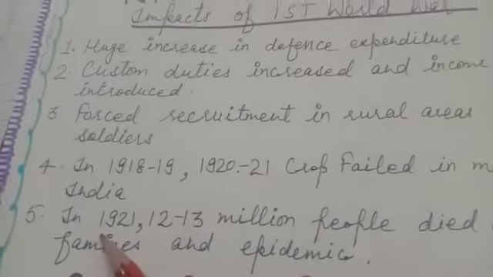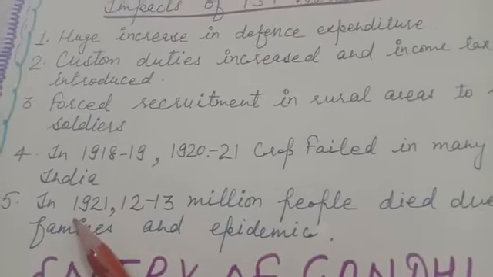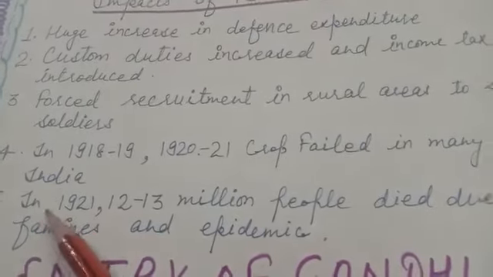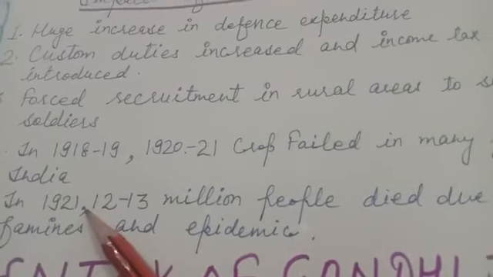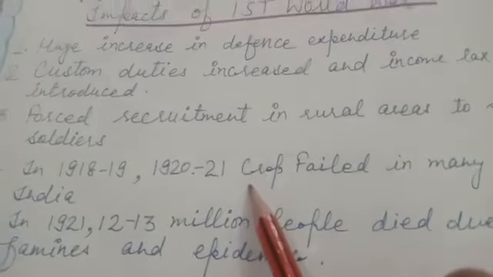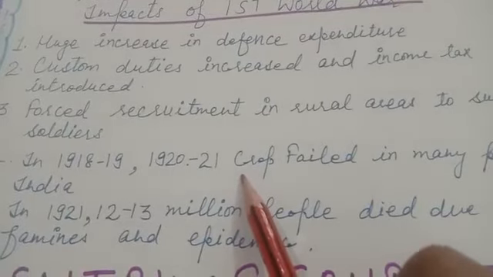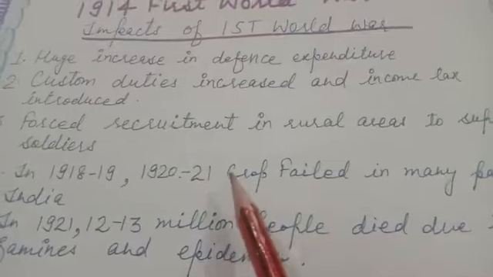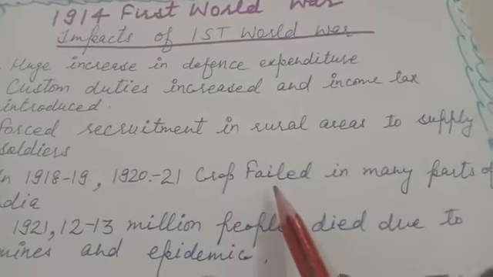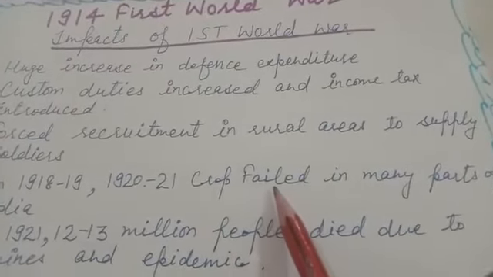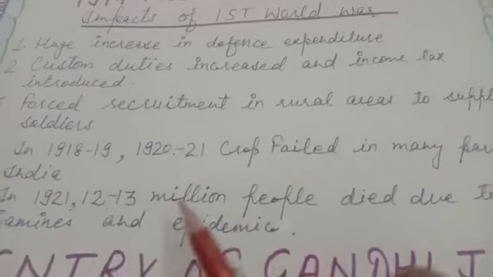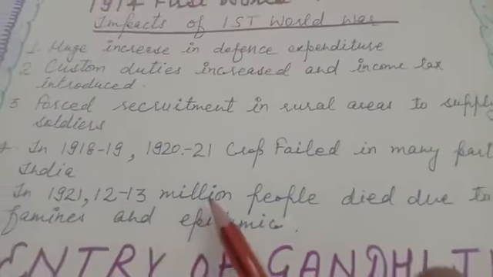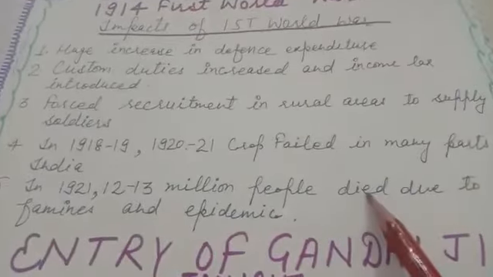Then the fifth impact we will discuss, what happened in 1921 because of the crop failure, because of the lack of food grains, and because of a kind of communicable disease known as an epidemic. 12 to 13 million people died.